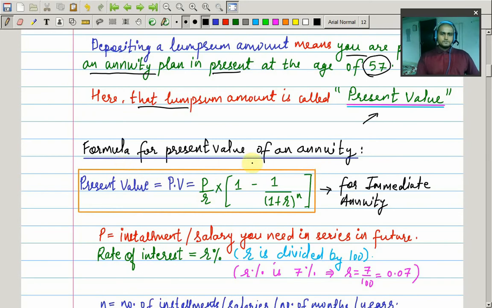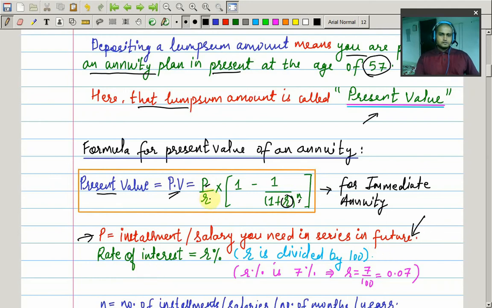So the formula for present value of an annuity is this. Present value, denoted by PV, equals P upon R, times 1 minus 1 upon 1 plus R raised to N. This P is the installment or salary you need in series, monthly, quarterly, or yearly in future.